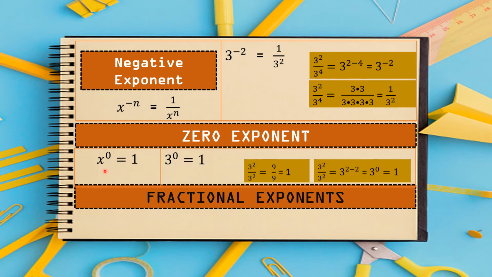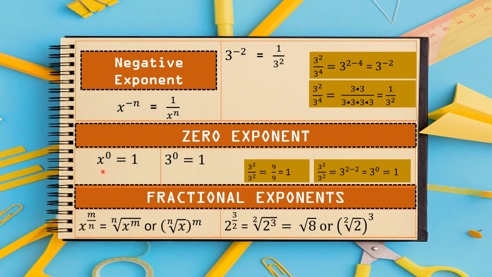Next, fractional exponents. When x is raised by a fractional exponent, x raised to m over n, it is equivalent to the nth root of x raised to m, or you can write this as the nth root of x, raised to m.